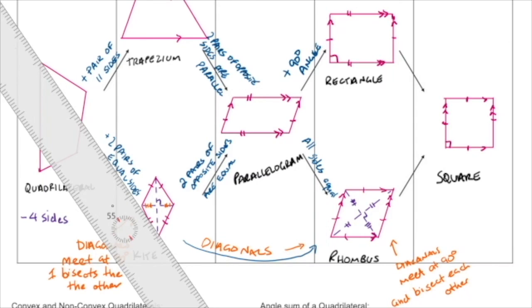Now, those diagonals transfer into the square, but now we've got just one little extra bit there: not only do they meet at 90 degrees and bisect each other, they are all now exactly the same size. So let's pop them in.